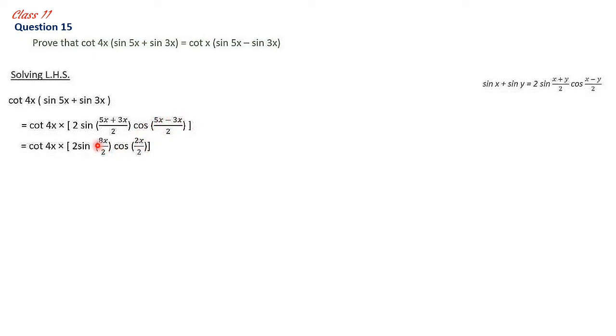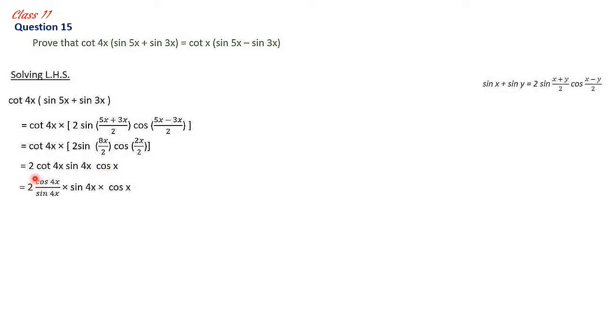Here 2 and 8 we can cancel, 4 will be coming, this 2 will be cancelled and only x will be coming. Then 2 cot 4x into 2 sin, here the answer will be, as I said before, 4x, and after cancellation cos x. So 2 cot 4x sin 4x cos x.